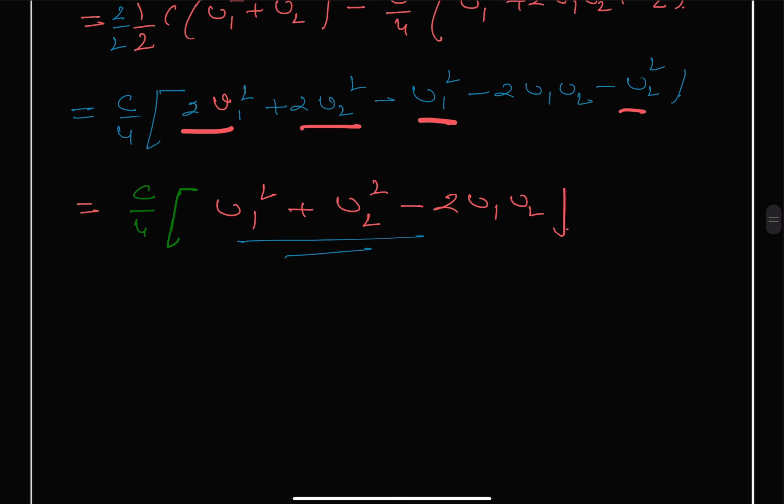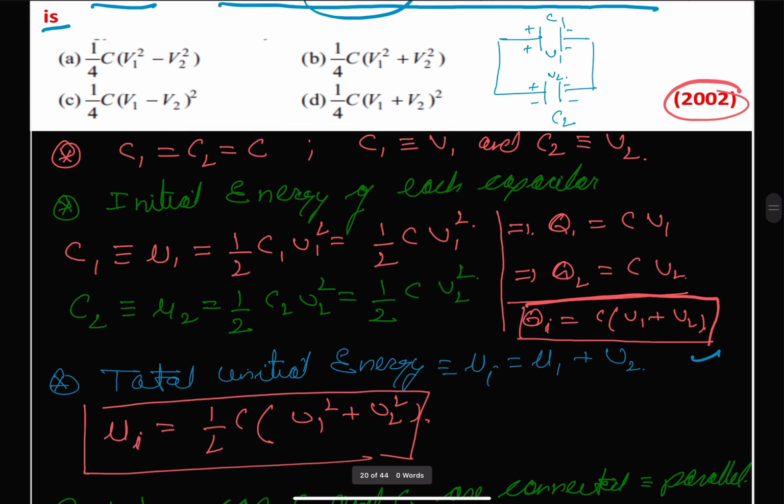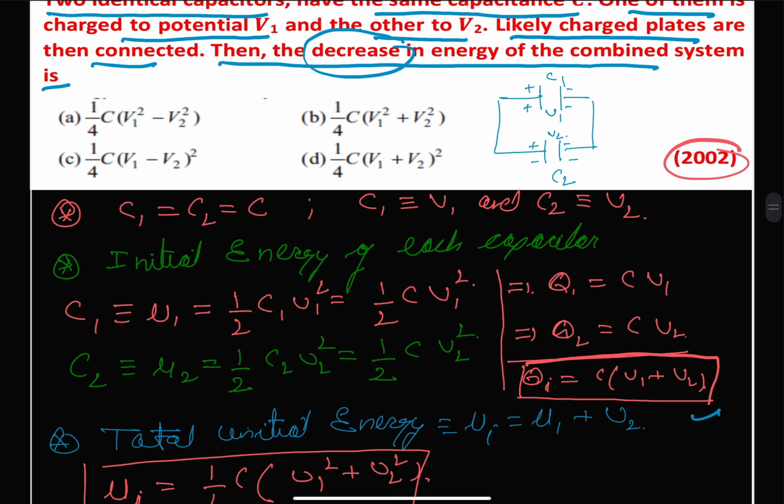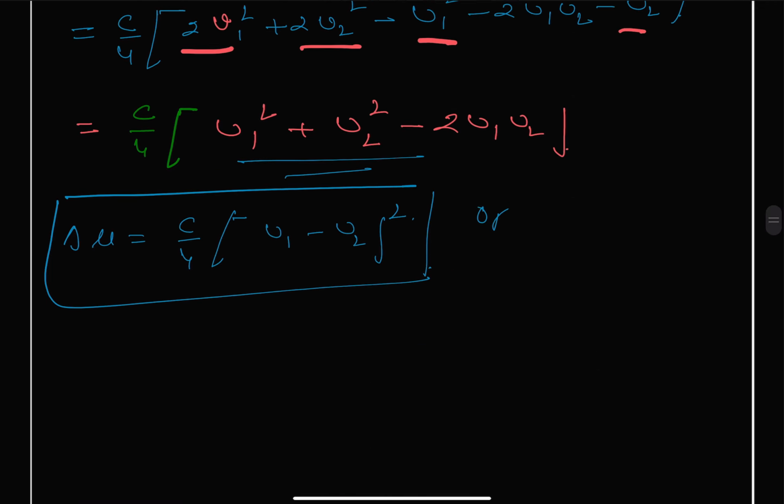Therefore we can say our decrease in energy, that is delta U, is equal to C by 4 times (V1 minus V2) whole square. Therefore option C is the correct one. Next question.